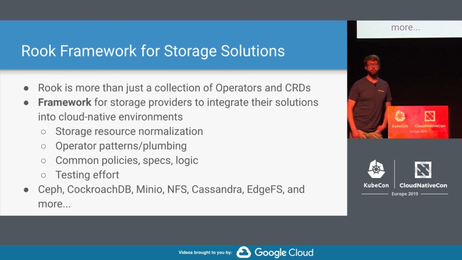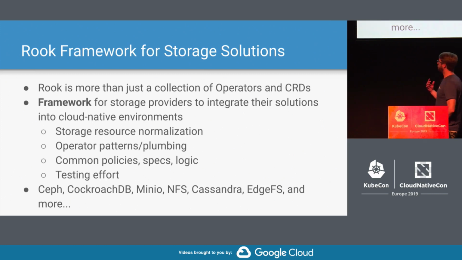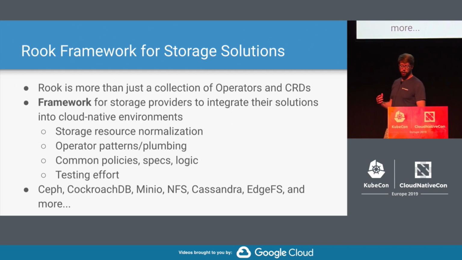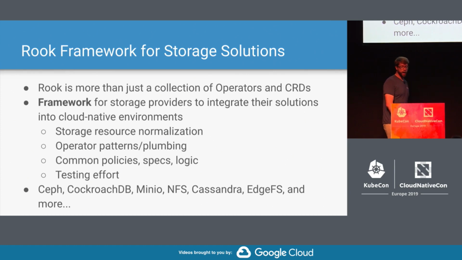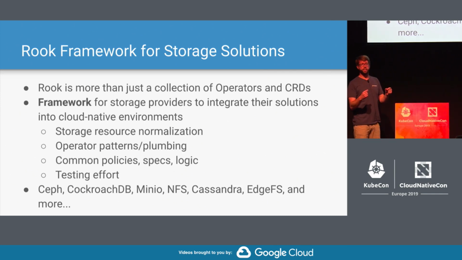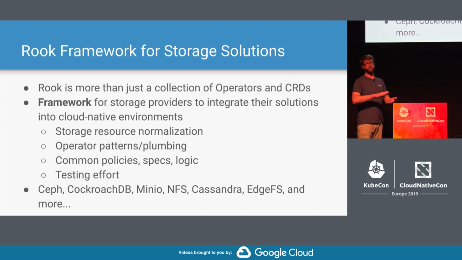So let's talk a little bit more about that framework I was talking about. Rook is more than just a collection of operators and custom resource definitions. It's also a framework that gives storage providers an easier job of integrating their storage system into cloud-native environments, such as Kubernetes. It provides a couple of different features to make that easier. One of them is what we call storage resource normalization. That means there's a common set of specs and configuration and logic around what it means to declare a storage fabric.